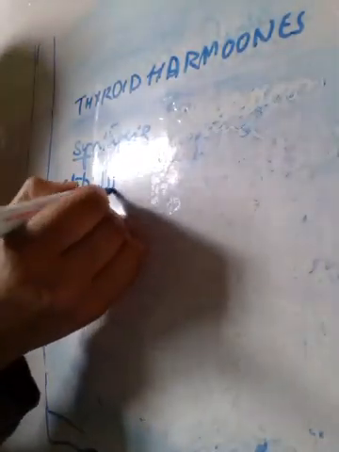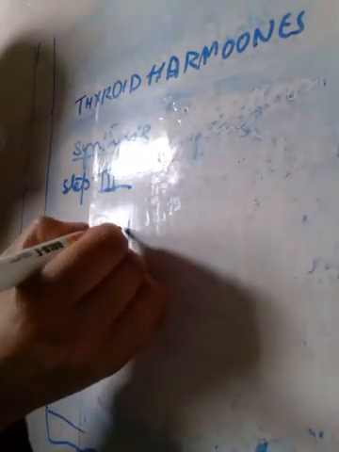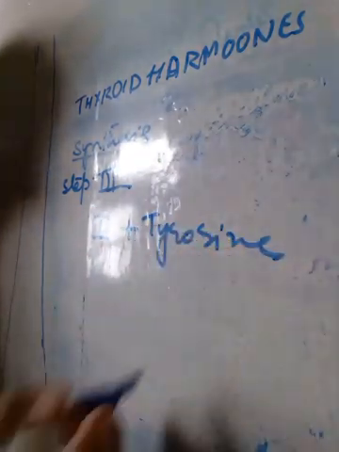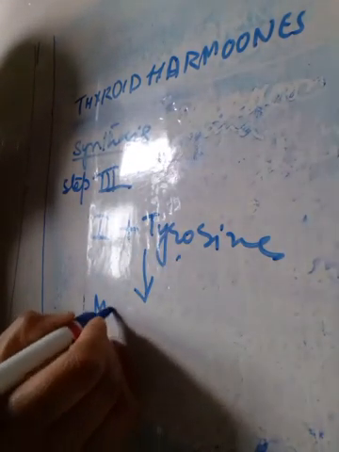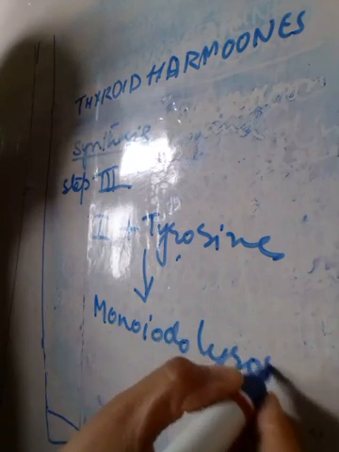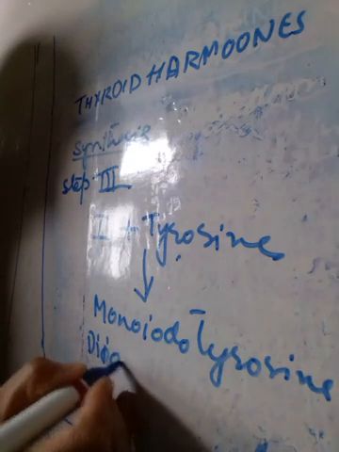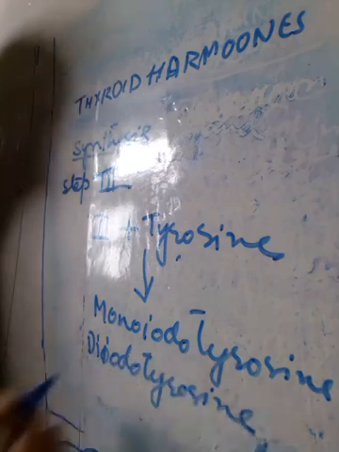Now coming to the step third. Step third involves iodine getting combined with tyrosine to form monoiodotyrosine and diiodotyrosine.